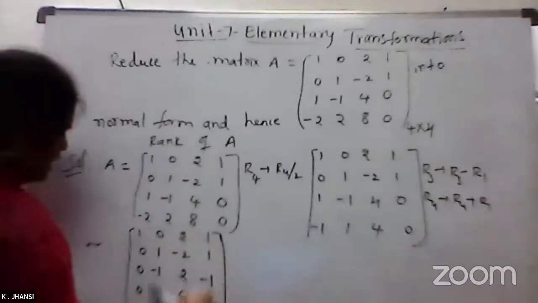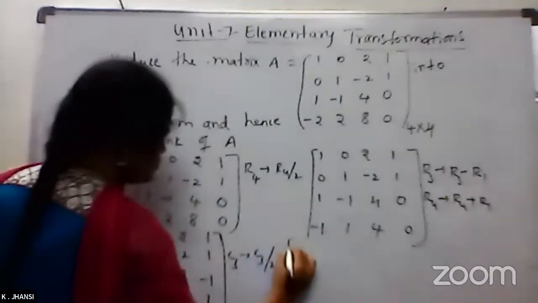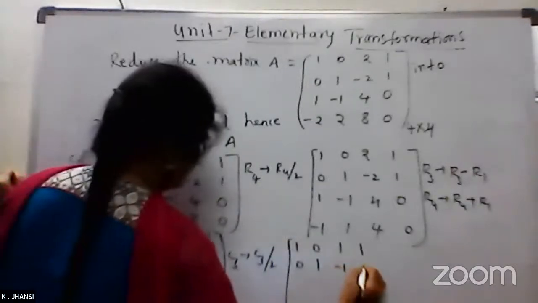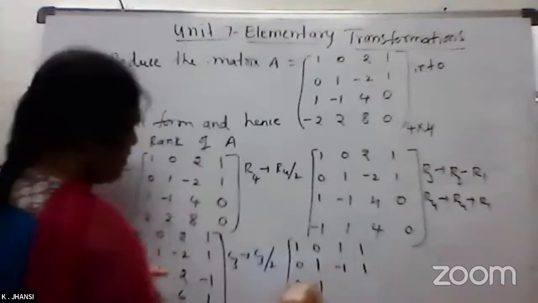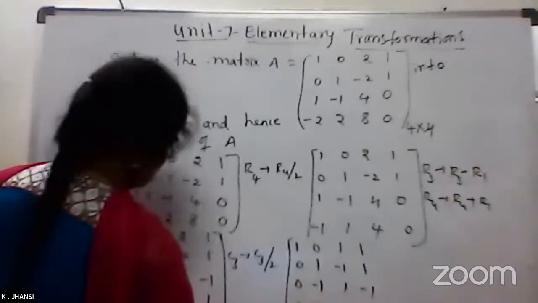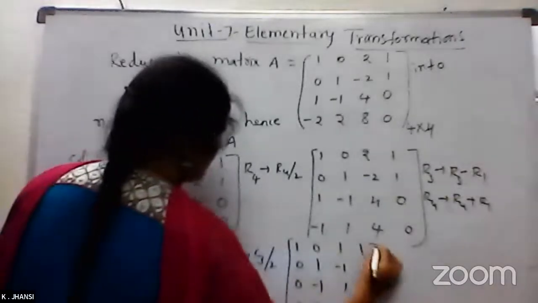Now here, whatever C3 is there, C3 by 2 you do. So you will get 1, 0, 1, 1; 0, 1, minus 1; 0, minus 1, 1, minus 1; 0, 0, 3, and here 1.